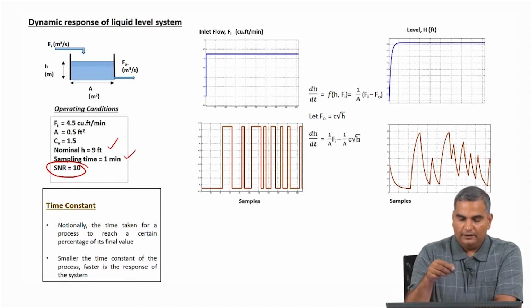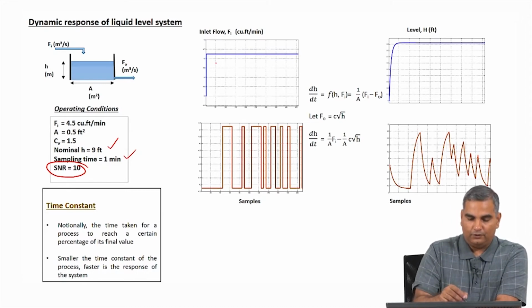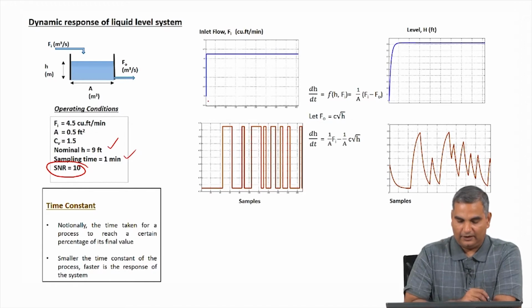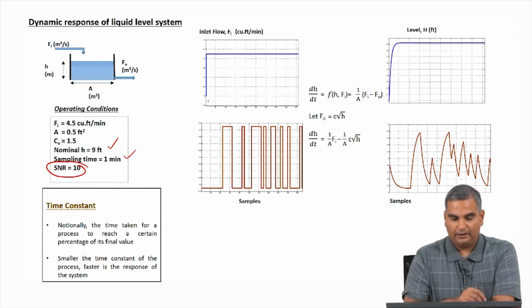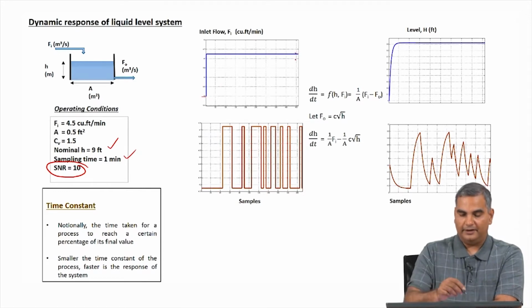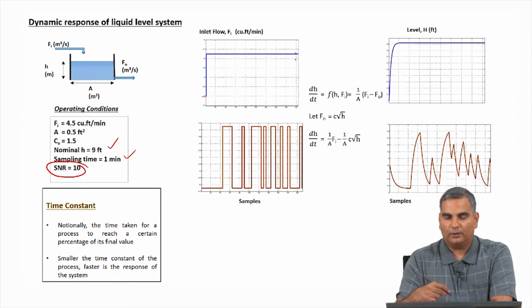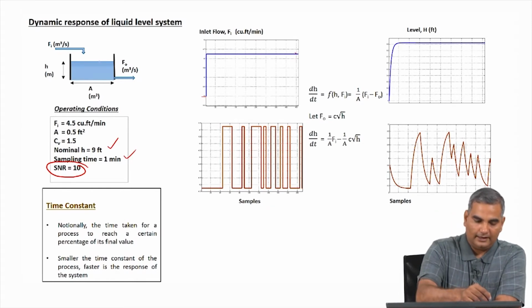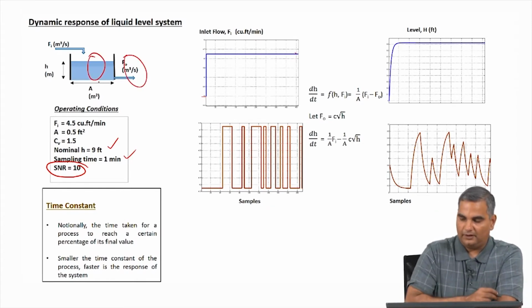Now, when we give an input, the first input that we had in the previous slide was a step input. Let us say I step up my input flow from a particular value to a new value immediately. Now, I want to know what will happen to the height and subsequently to F naught.